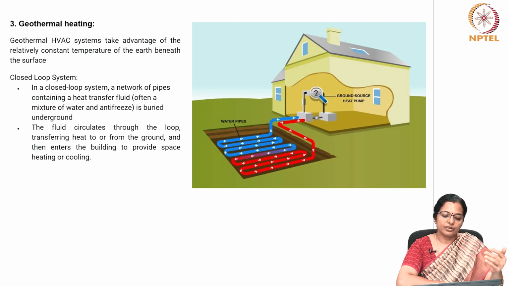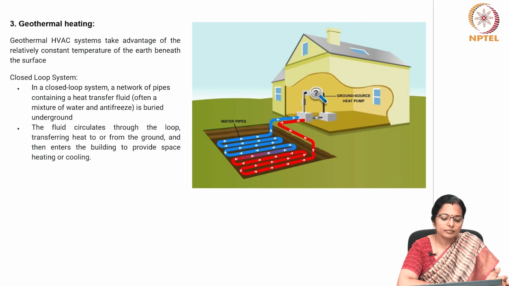The third strategy we will see is geothermal heating. Geothermal HVAC systems take advantage of the relatively constant temperature of the earth beneath the surface. It can have a closed loop system, and in a closed loop system, the network of pipes containing a heat transfer fluid, often a mixture of water and antifreeze, is buried in the underground.